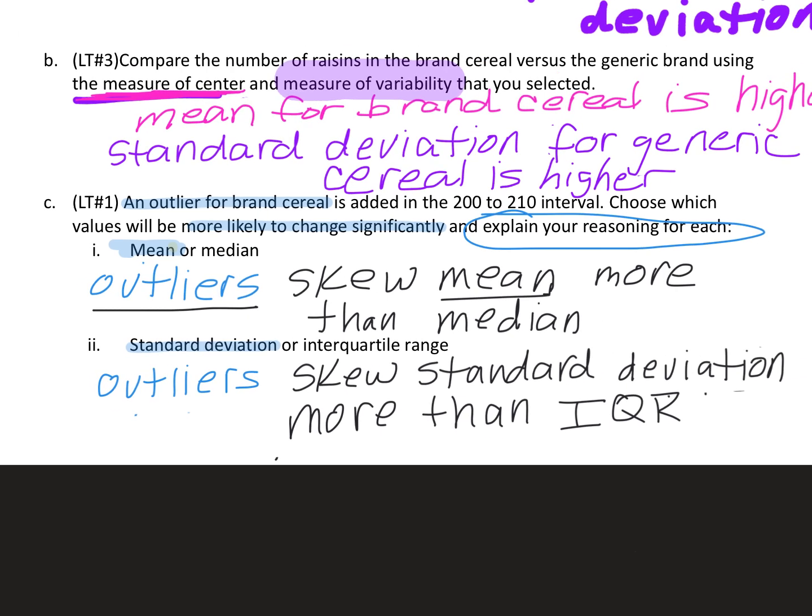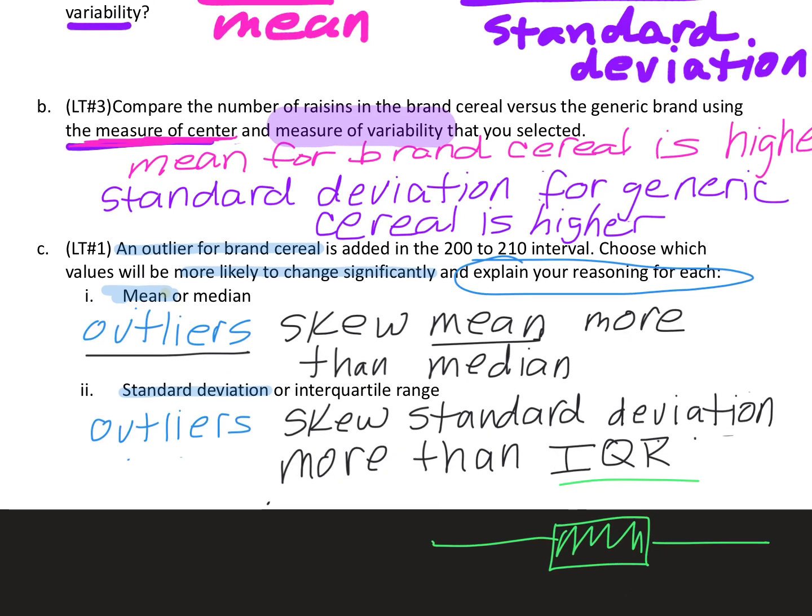Remember IQR? If you're looking at a box plot, the IQR is the middle, and the middle is pretty much always going to stay in the middle, so it doesn't really get skewed by outliers either.